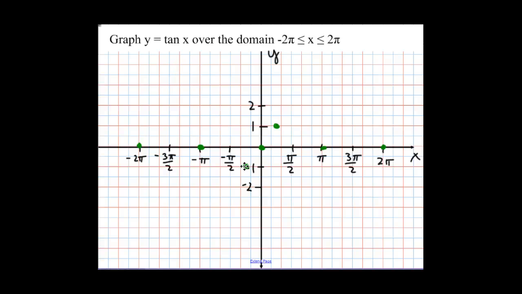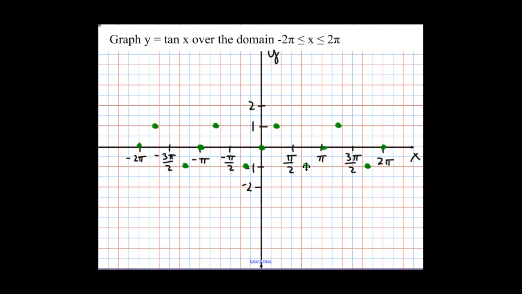Next, I'm going to repeat that pattern because that pattern repeats throughout the interval. From negative 2 pi to 2 pi, there's lots of places where, in fact, halfway between pi and 3 pi over 2, there's another place where it's 1. Halfway between pi over 2 and pi, there's another place where it's negative 1.